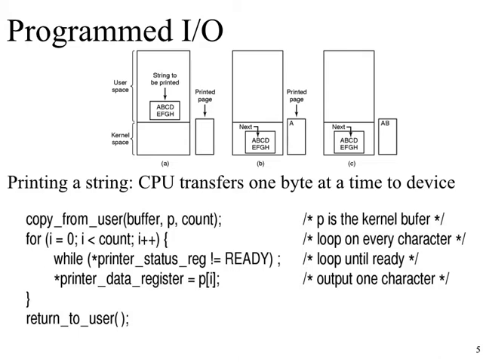Essentially the CPU has a tight for loop where it sends 1 byte at a time. It waits till the printer is ready. Whenever the printer status is indicated as ready by the corresponding device controller, the CPU sends a single byte to the printer. Then it goes back and waits for the printer to become ready again.